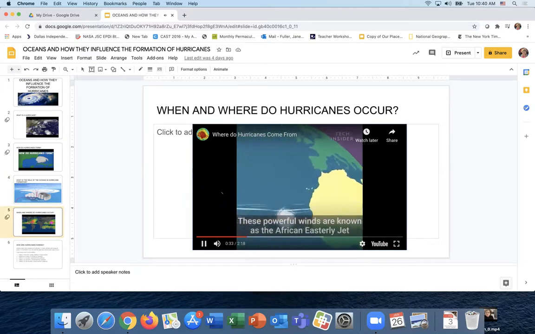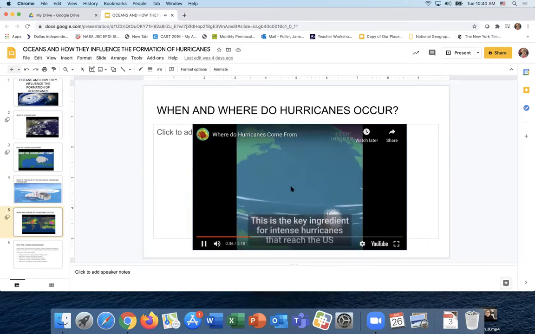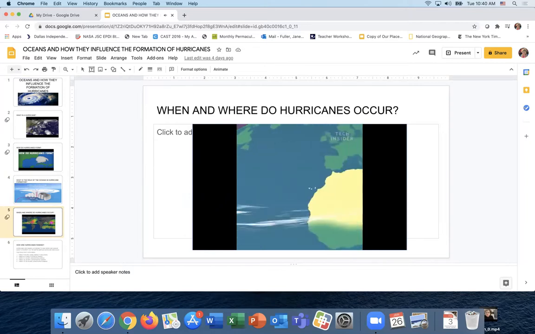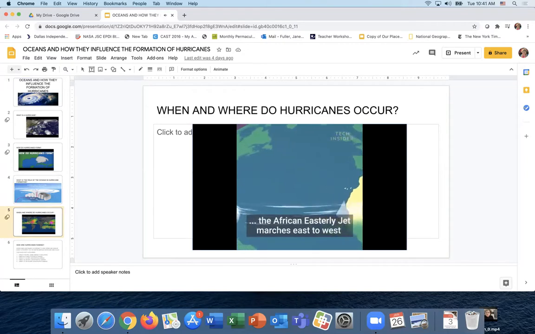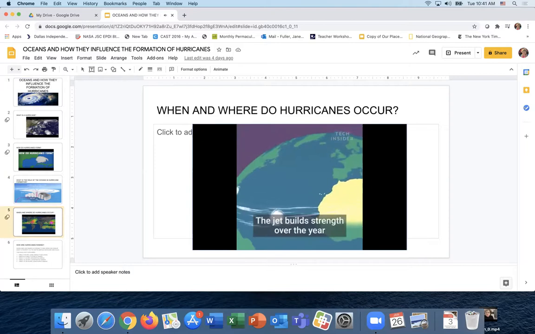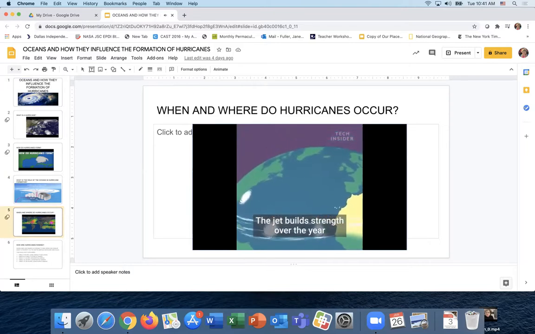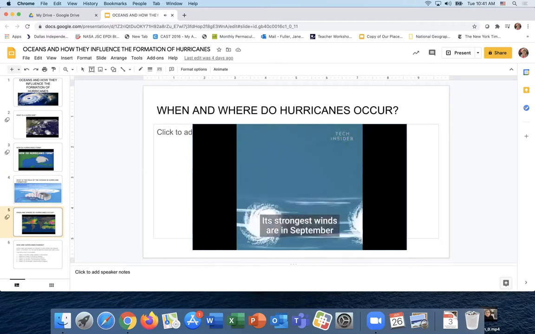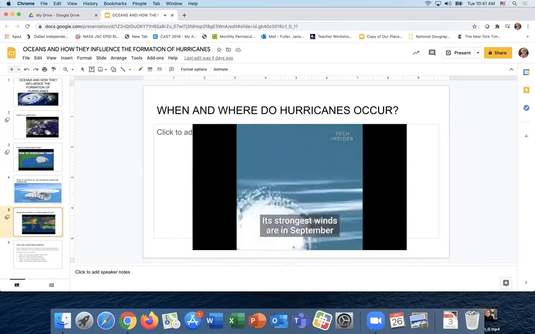And then it's got these strong winds. And so the combination of the warm air, the cool, moist air, and the African easterly jet, which is going to push it. And as it goes across the Atlantic, it's going to pick up all this energy from the 85, 86 degree ocean.